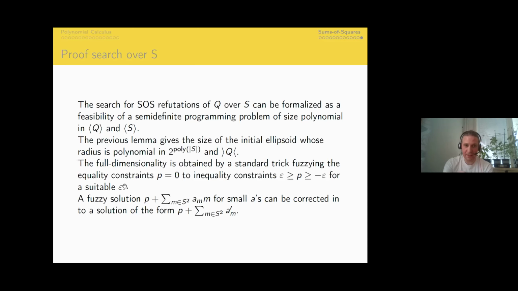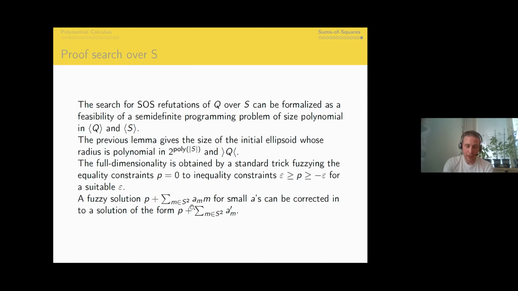And this gives then a fuzzy solution of the form P plus some linear combination of the monomials in S squared.